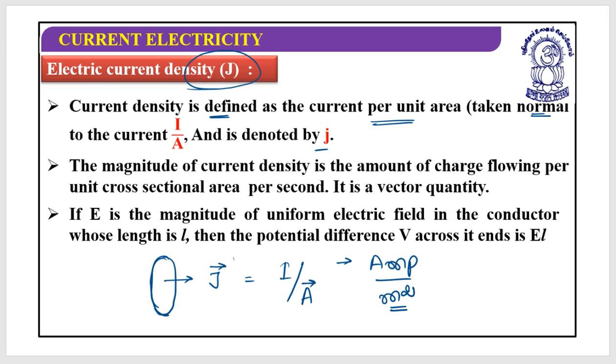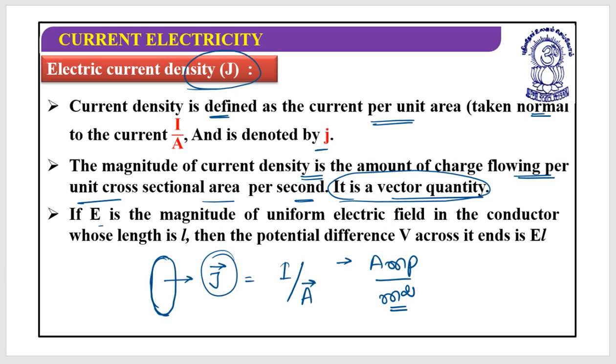The magnitude of current density is the amount of charge flowing through unit cross-sectional area per second, and it is a vector quantity. Please remember this.